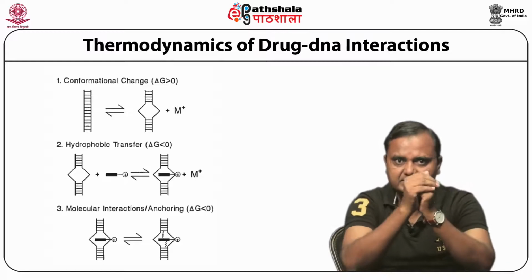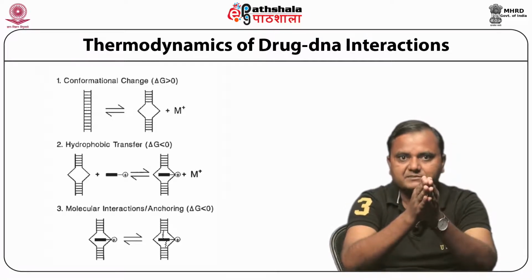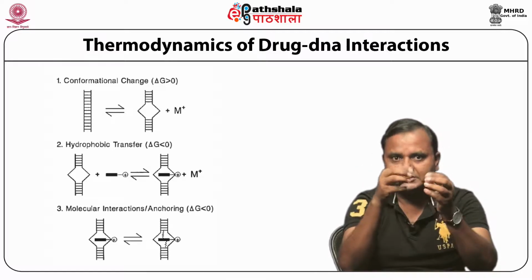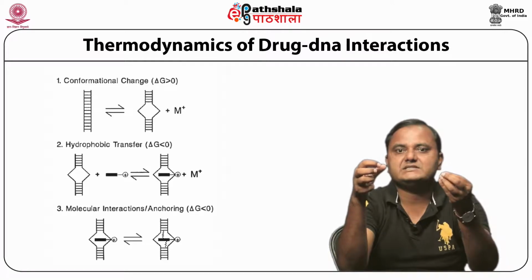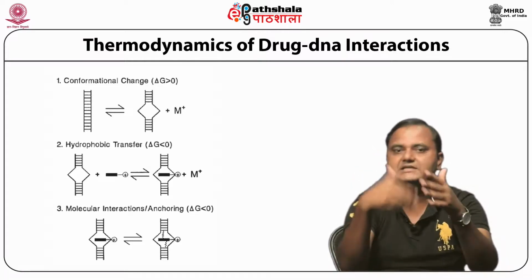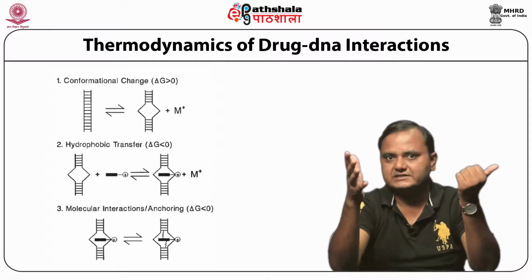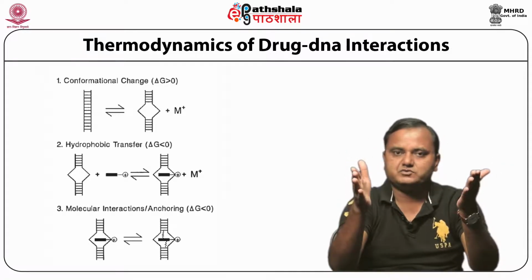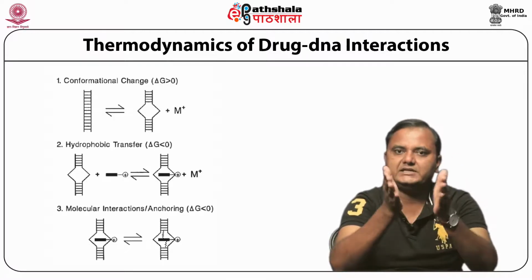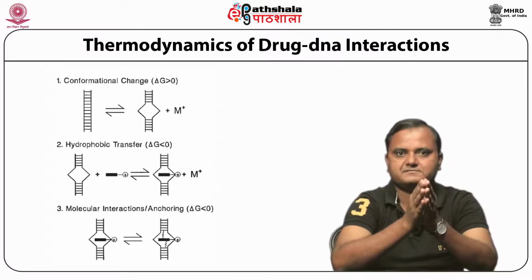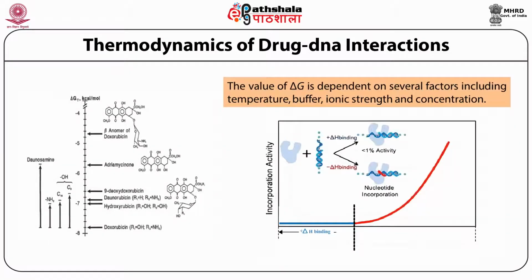You can see here the DNA in its native conformation, but when it binds to the drug, it induces some conformational changes, and the degree of conformational change can be quantitatively estimated by using spectrophotometry and other techniques, which can be used to estimate the thermodynamic binding efficiency of the DNA and drug interactions. Here we discuss the thermodynamics of DNA drug interaction.